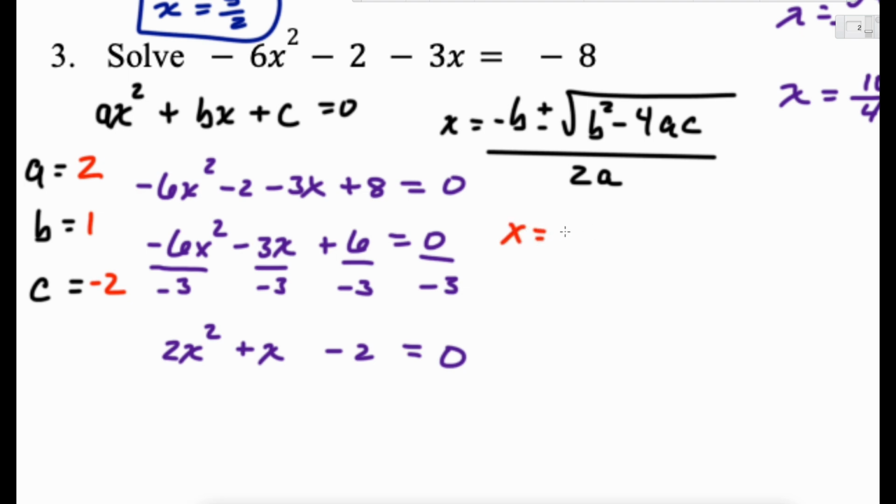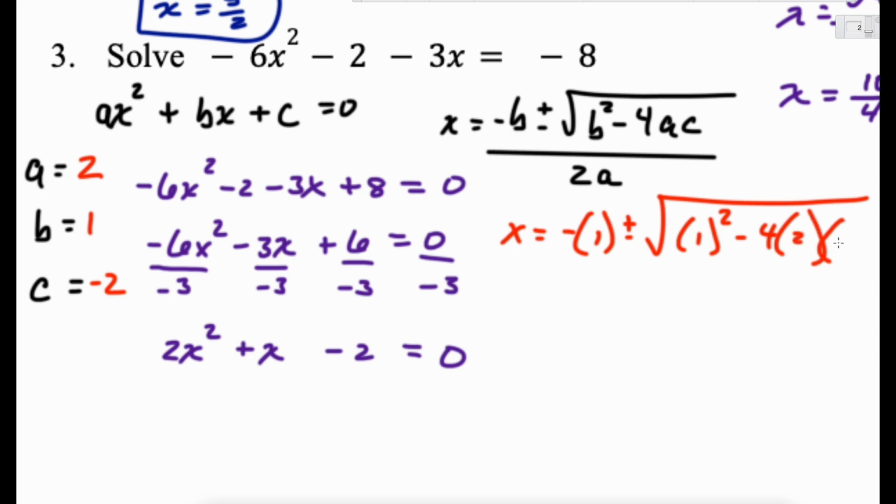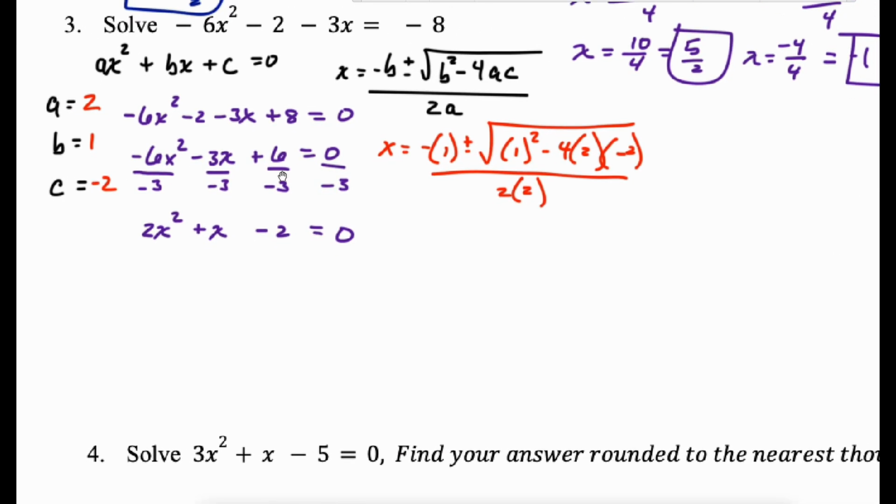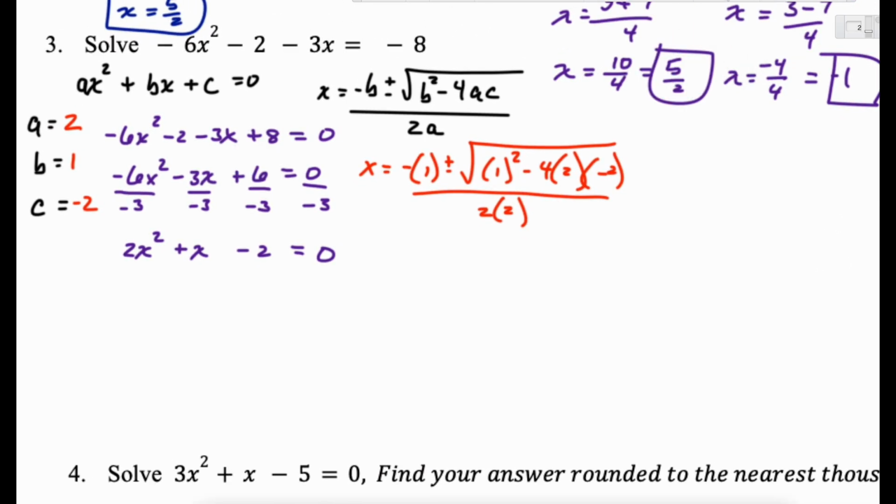So x equals negative 1 plus or minus the square root of 1 squared minus 4 times 2 times negative 2, all over 2 times 2. Alright, zoom out a little bit there. So we got negative 1 plus or minus the square root of 1 squared is 1.